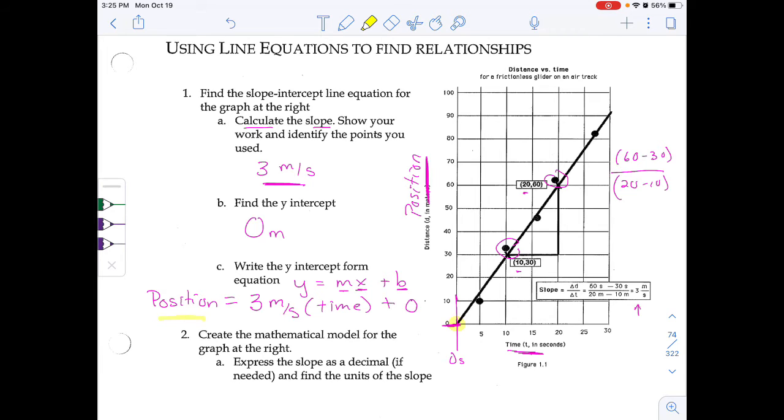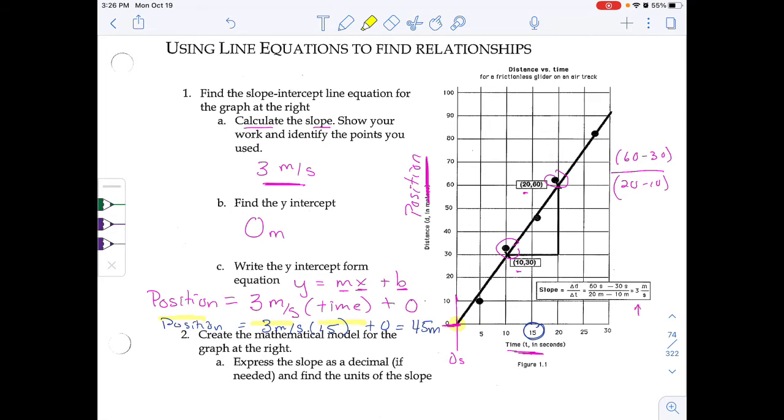The position of this car at any particular time could be found if we multiply 3 meters per second times any given time. So, for example, if I decide to figure out where this car is at time 15 seconds, I would say, the position that I don't know, I can find by multiplying the speed of the car, 3 meters per second, also the same as the slope, times 15 plus 0. 3 times 15 plus 0 is 45 meters.